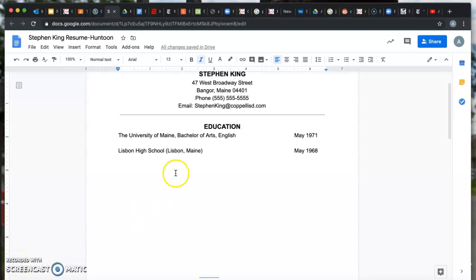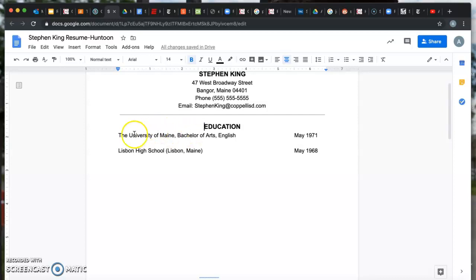The second part of my resume is the educational section of Stephen's resume. So in big, nice caps, bold, I went ahead and made the word education a 14-point font. I can possibly go back and change it if I need to. So I went ahead and put education there.